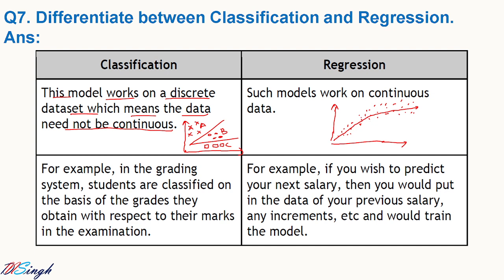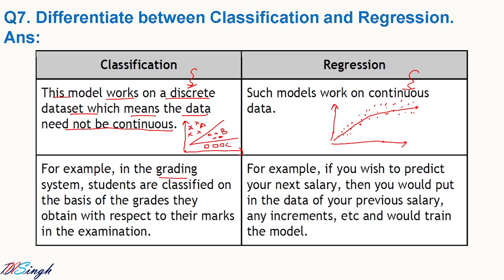A line can be drawn over the data points. So this is called what? Regression. Regression works on continuous data, and classification works on discrete data. Continuous data is something like temperature, which is coming every moment of time, or like the increment of the salary. So you have all the previous years' increment data.